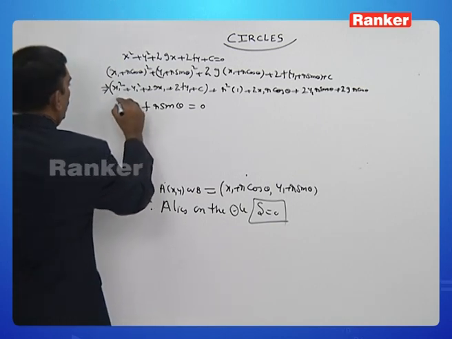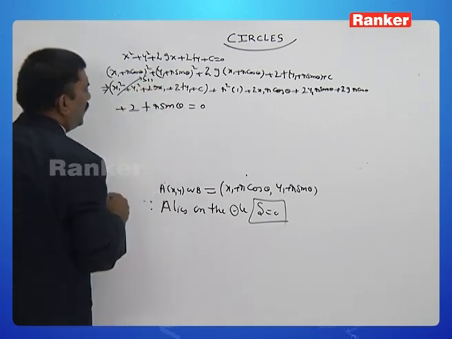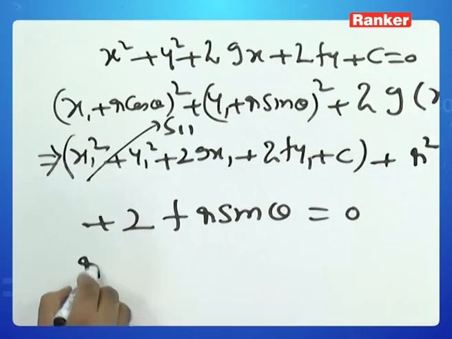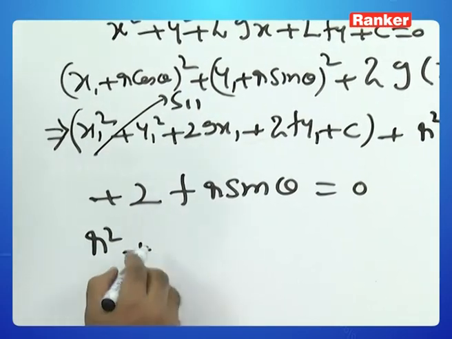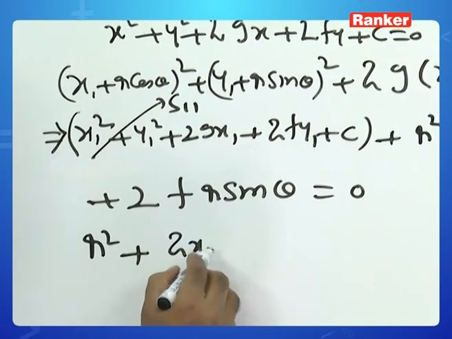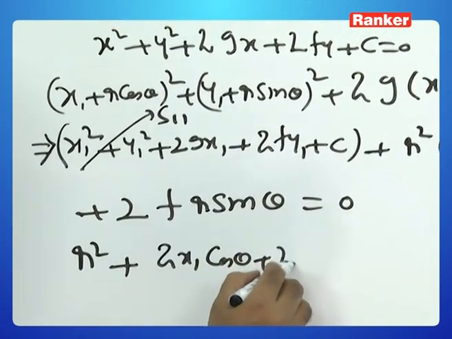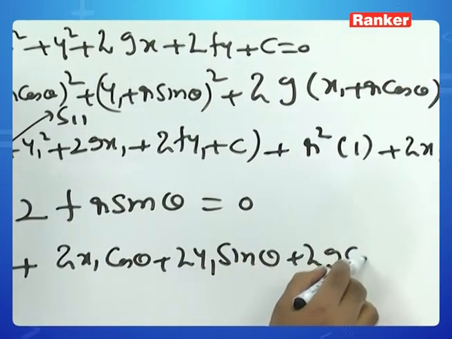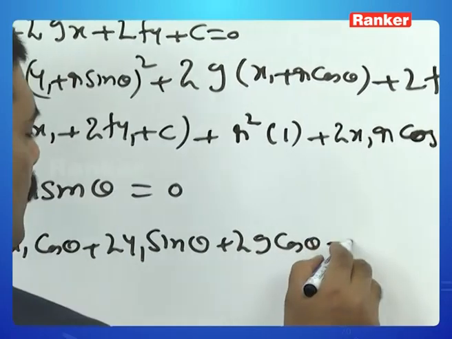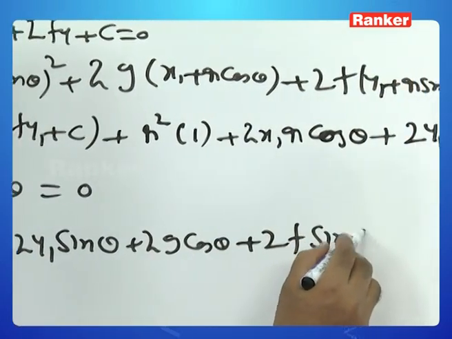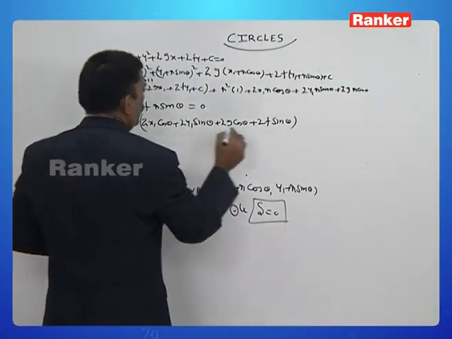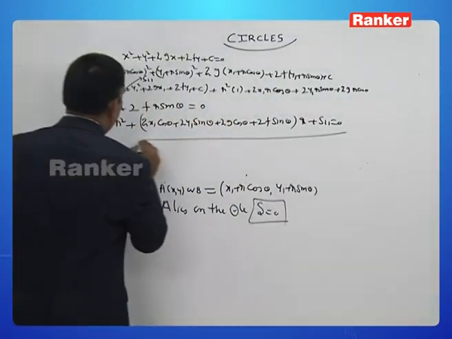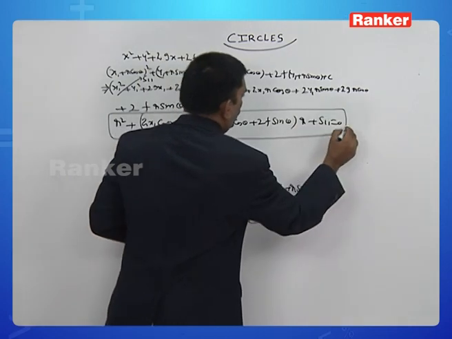Now this is nothing but S11. Now which is a quadratic in what? R square. I can write r square plus 2x1 cos theta plus 2y1 sin theta plus 2g cos theta plus 2f sin theta into r plus S11, which is quadratic in r.